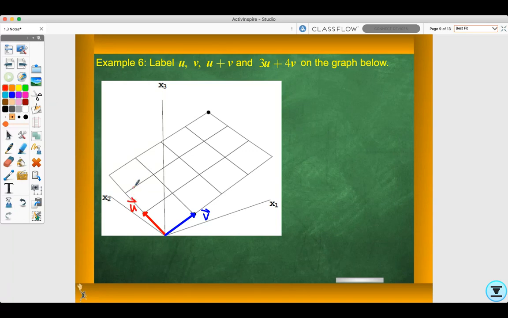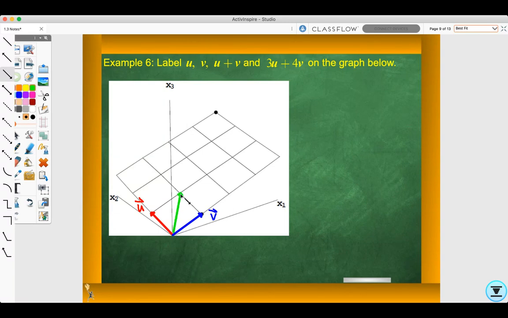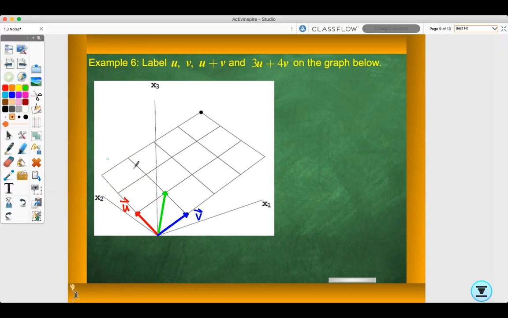So we need to label u plus v and 3u plus 4v on the graph below. Let's start with u plus v. u plus v would just be like this. That would be u plus v.